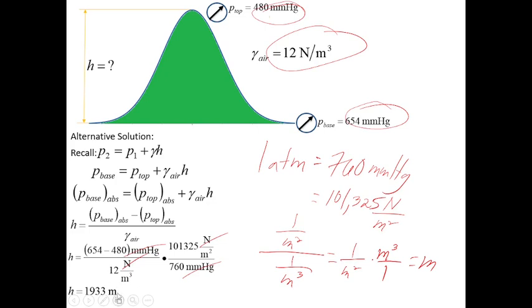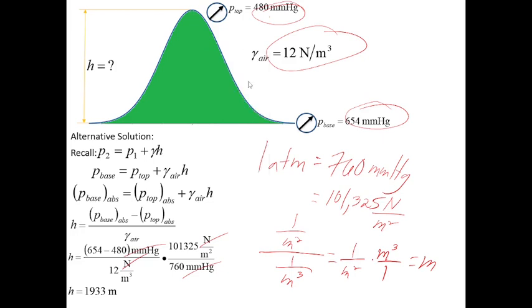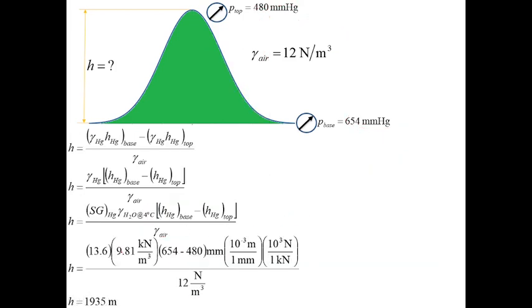So there is a slight discrepancy. Our previous answer is 1,935 meters. This is 1,933 meters. Actually, this will get nearer if we consider the unit weight of water at 4 degrees Celsius. If we consider 3 decimal places, this is 9.807 kilonewtons per cubic meter.